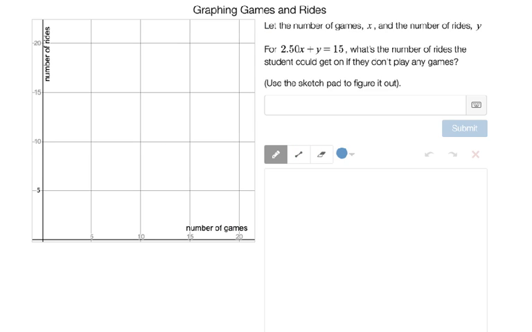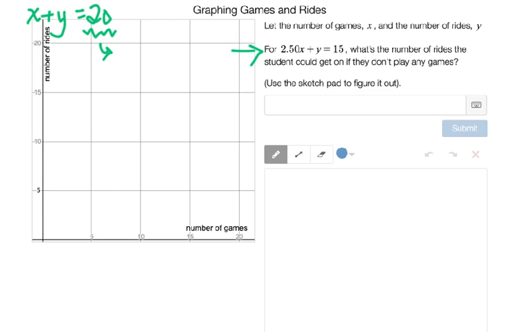So the next slide now is a different situation. So now we have this new situation where we're talking about games and rides, but now I have a different equation right here. And it's saying that now I've got 2.5x plus y is equal to 15. Well, remember back here when x plus y was equal to 20, remember what the 20 stood for?